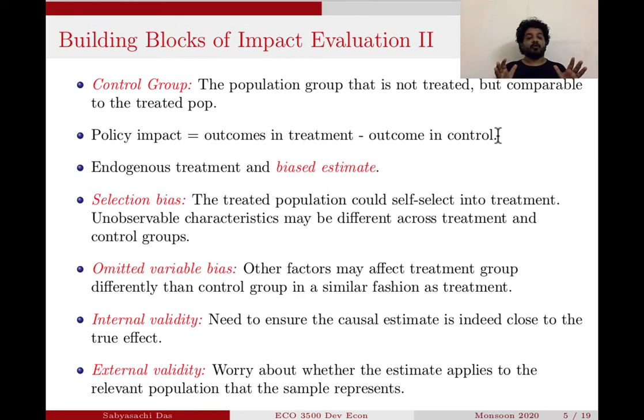So now part of this effect of opening a savings account on, say, investment, you see not because of the savings account per se, but also because of these other things happening with the treatment.